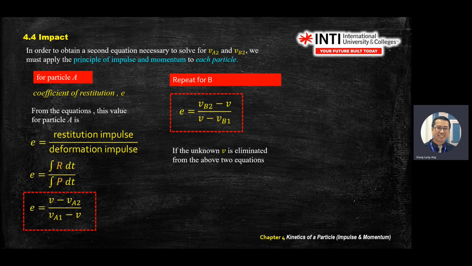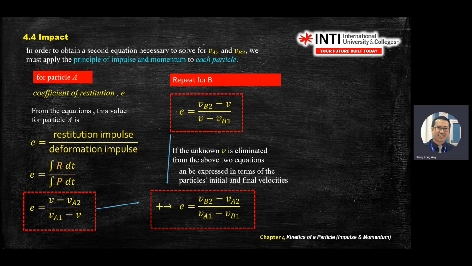You have A and B, equation 1, equation 2. You eliminate the v by simultaneous equations. You arrive at one equation that links body 1 and body 2: the coefficient of restitution equals (v_B2 minus v_A2) over (v_A1 minus v_B1). How do I remember?